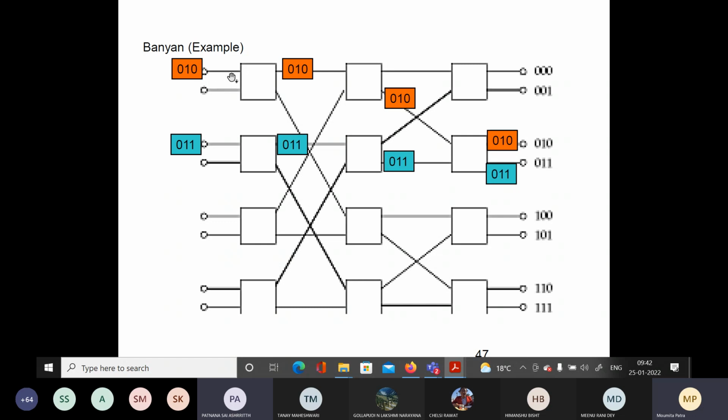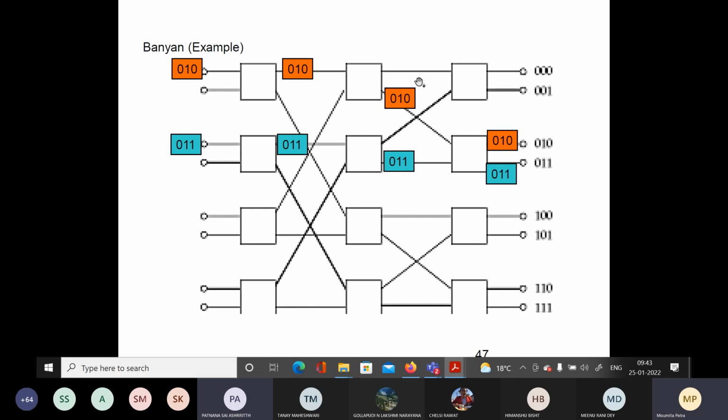See this input line, somehow I think you can see the hand symbol. This input line will be allowing all the packets which have their first bit as 0. This one will allow whatever packet is arriving with first bit 1.